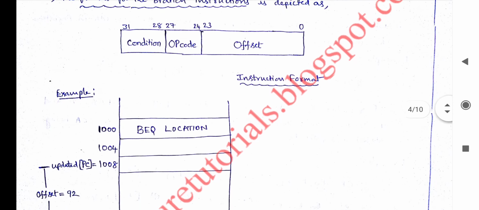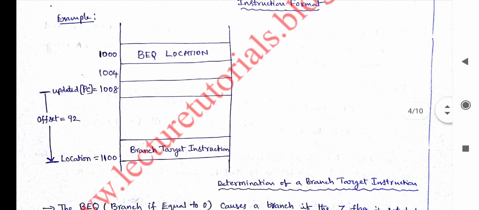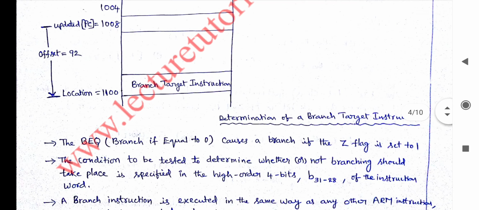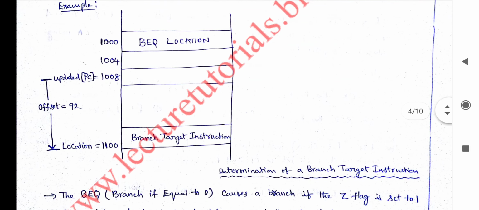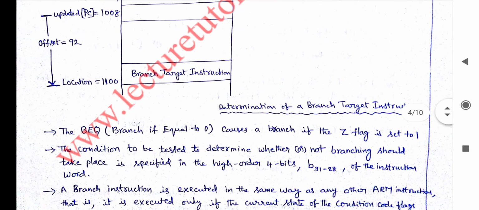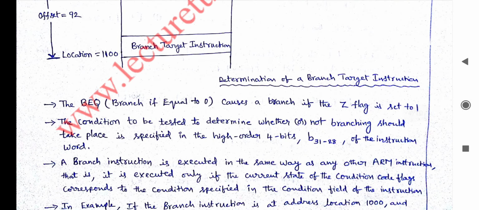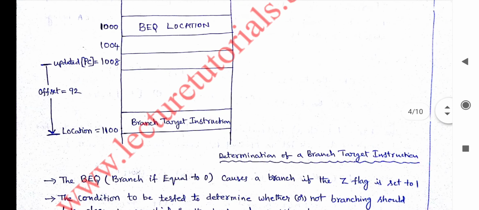Okay, here if you observe, BEQ, branch if equal to 0, causes a branch if the Z flag is set to 1.